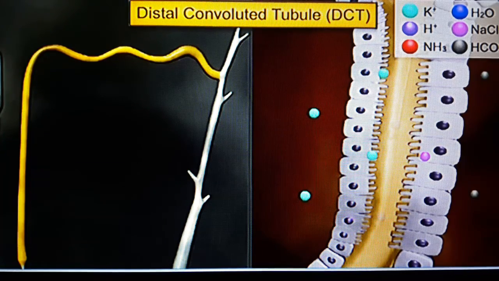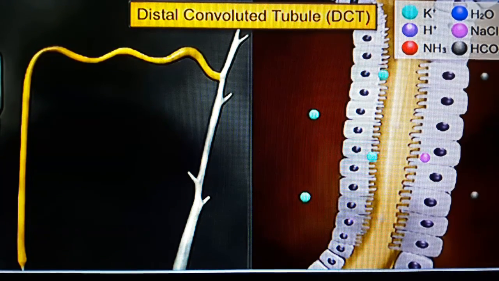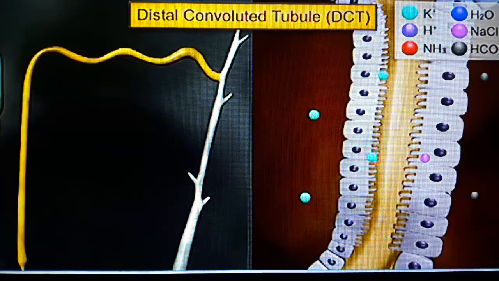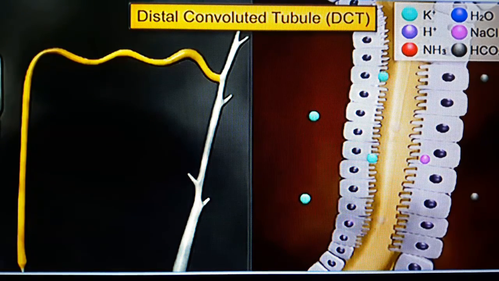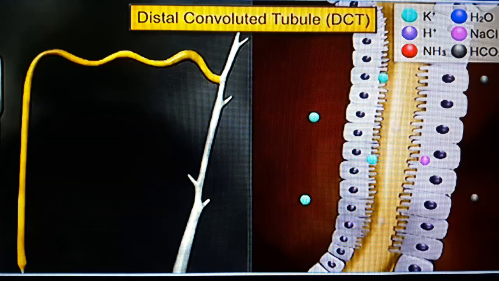Selected substances like potassium, sodium and hydrogen ions, certain drugs, and some metabolic wastes like creatinine and ammonia are actively transported into the tubule. So they are secreted by the tubule into its lumen and form a part of the urine.